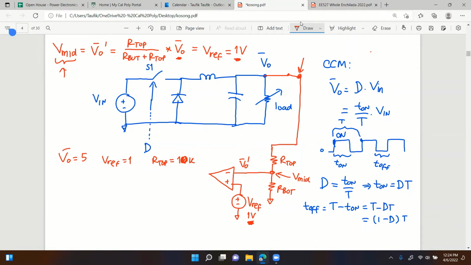Following the first equation, 1 volt equals 10K over R bottom plus 10K, times V out, which is 5 volts. So there's only one unknown, which is R bottom.